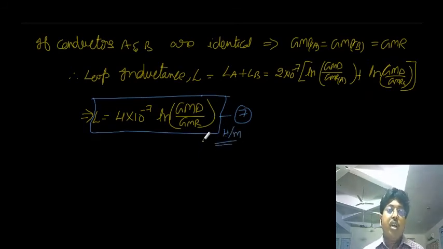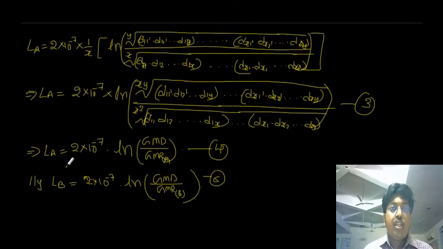Okay, I hope you understand this concept of inductance calculation for a composite single phase transmission system. Inductance of an individual composite conductor is given as 2 into 10 power minus 7 into logarithm of GMD by GMR. Now we have to discuss what is GMD and what is GMR. Here the GMD is nothing but this term.